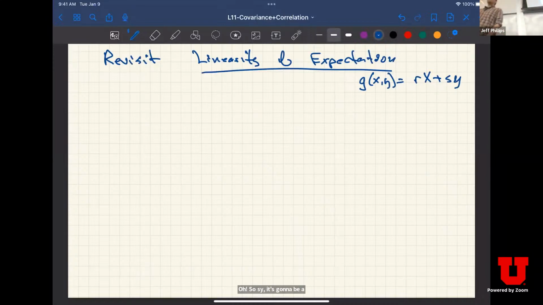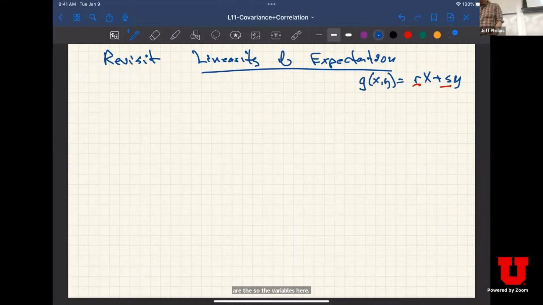This is basically up to adding constants, which is very straightforward. This is about as complicated as a linear function can be. You can have other linear terms, but you can always simplify them into this form. This captures all the complexity. R and S are constants, and X and Y are the variables here.